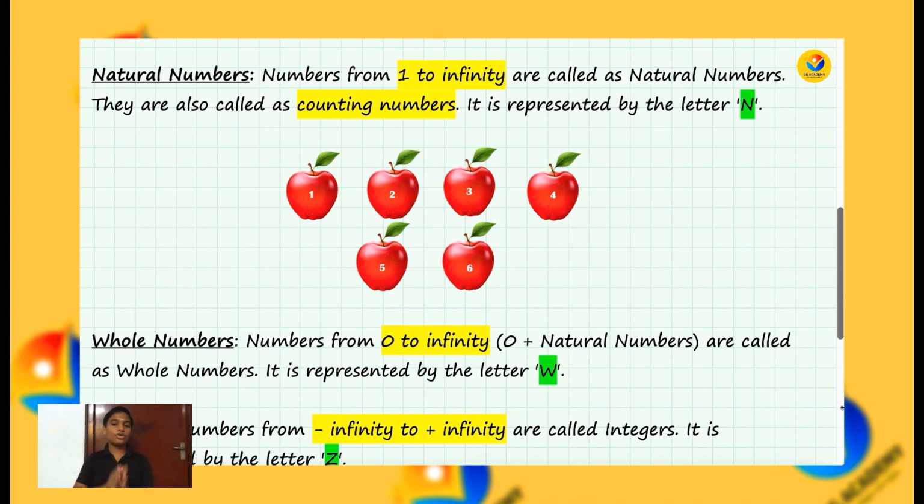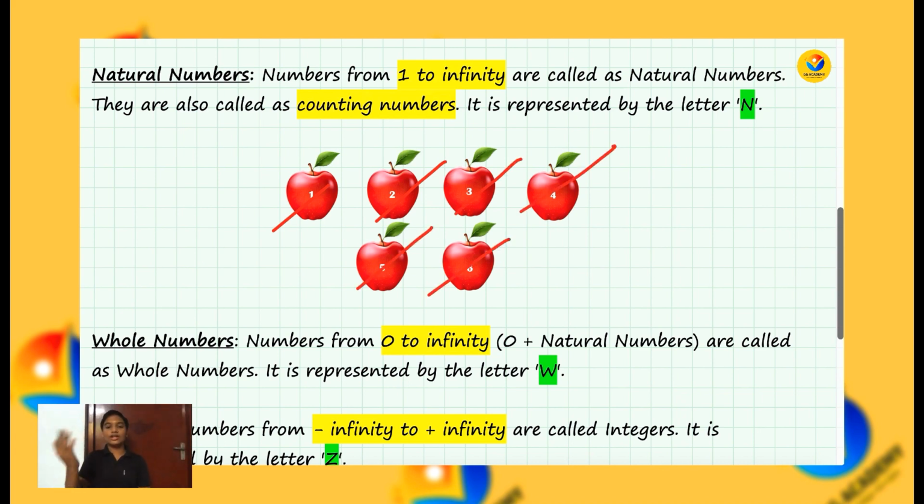Numbers from 1 to infinity, I already told you, are called natural numbers, and they are also called counting numbers. I will tell you why. Now you see the figure which is given. I am going to tell you to count the number of apples in this figure. Then how will you count? You will not count as 0, 1, 2. You will be counting as 1, 2, 3, 4, 5 and 6.